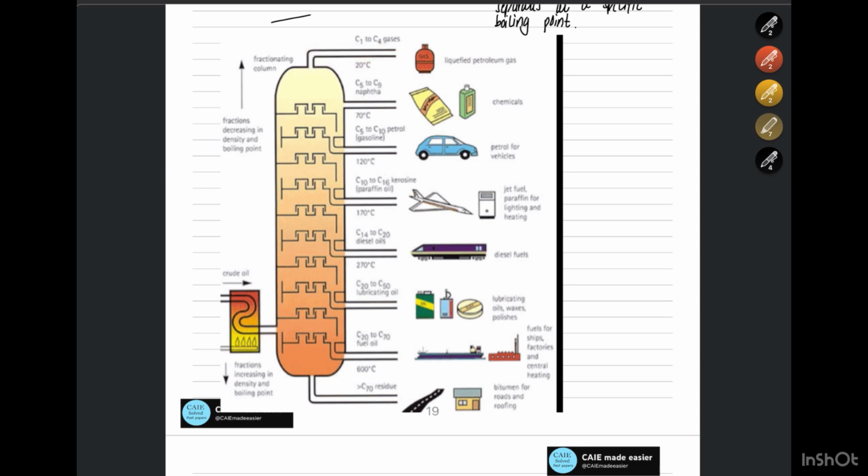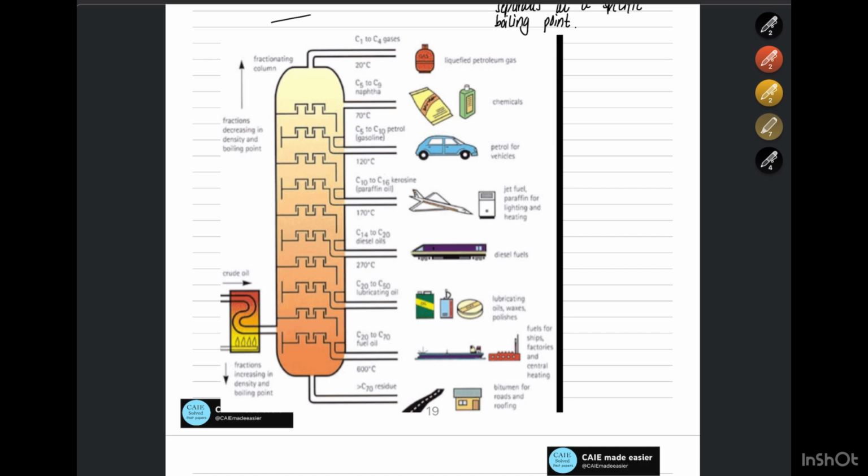When the temperature increases to 70 degrees, naphtha is released. That means naphtha becomes a gas and reaches there. And then third, at 120 degrees: gasoline, paraffin oil, diesel oil, lubricating oil, fuel oil, and residue. This is how petroleum is separated into the following fractions.